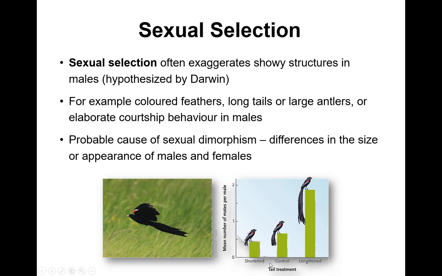You can see these birds here. If you have a shorter tail, you have a much lower chance to mate compared to if you have a longer tail, right? So that is dimorphism favored by natural selection. This type of character enriches the population, and therefore causes microevolution.